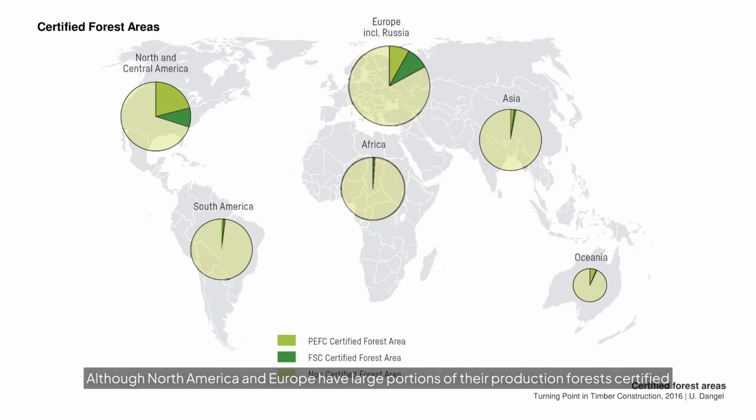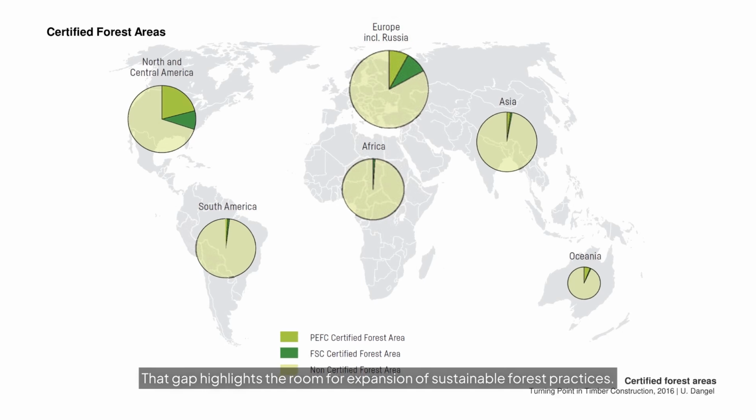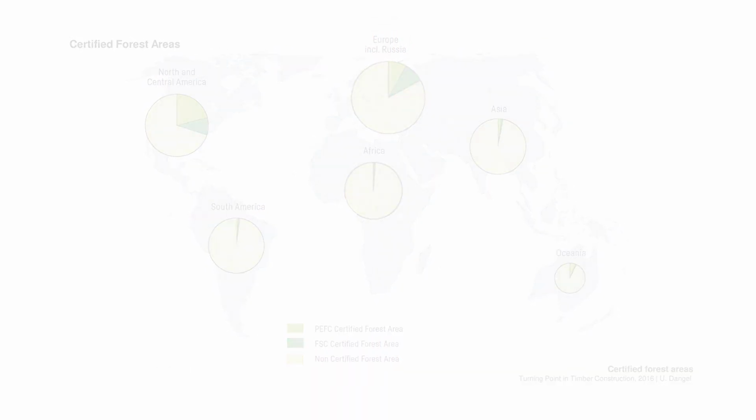Although North America and Europe have large portions of their production forests certified, since these regions adopted certification early, many forests are still managed without certification. In contrast, tropical regions tend to have a smaller proportion of certified forests due to various challenges and later adoption. Overall, the certified area is only a relatively small percentage. That gap highlights the room for expansion of sustainable forest practices.